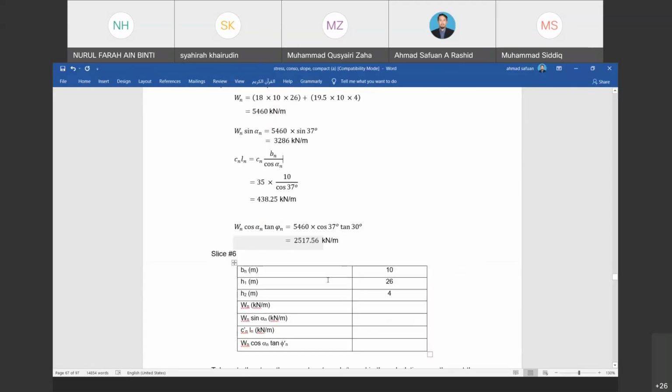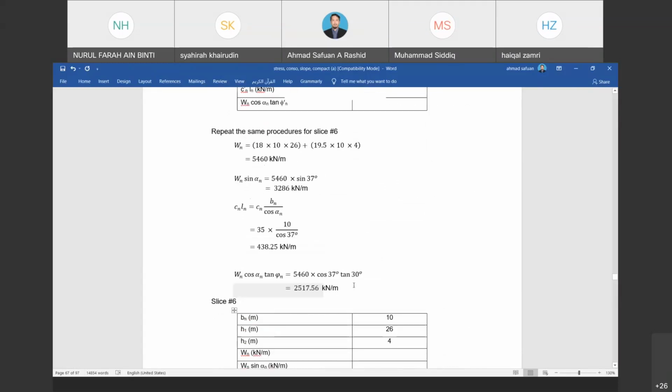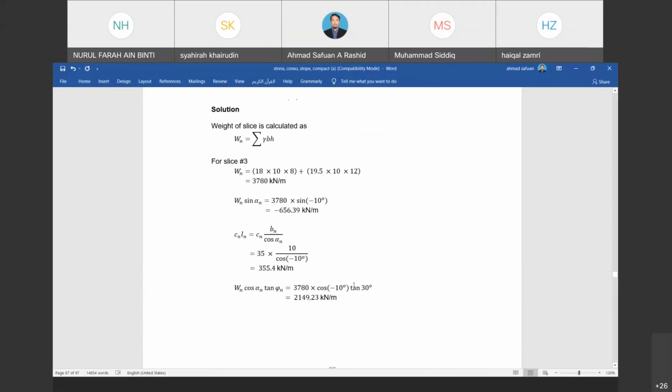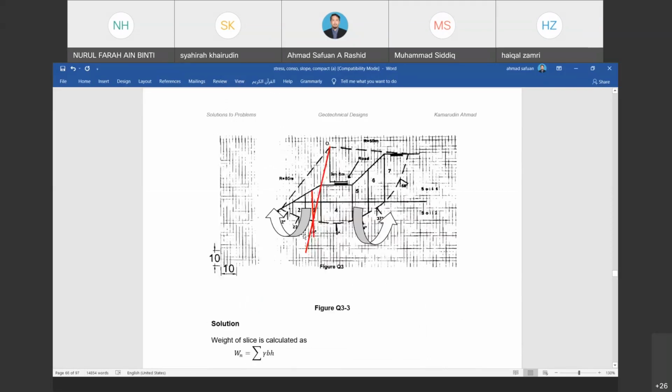Ada soalan nak tanya? Doktor, saya ada soalan. Boleh, sila. Untuk cohesion tu, kenapa kita ambil yang soil tu? Sebab kita akan refer kepada slip surface. Oh, okey, faham.